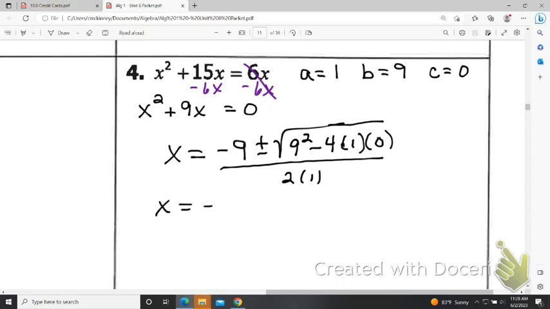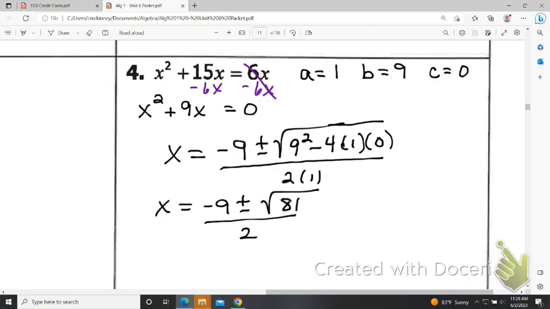So I have negative 9 plus or minus the square root of, well, this is just going to be 81. If c is 0, then 4 times 1 times 0, 4 times anything times 0 is 0. And 81 minus 0 is just 81.